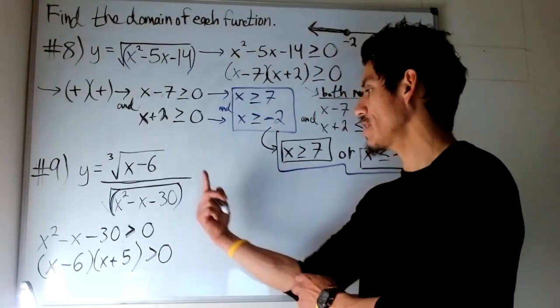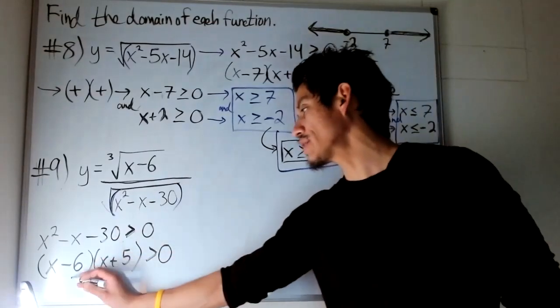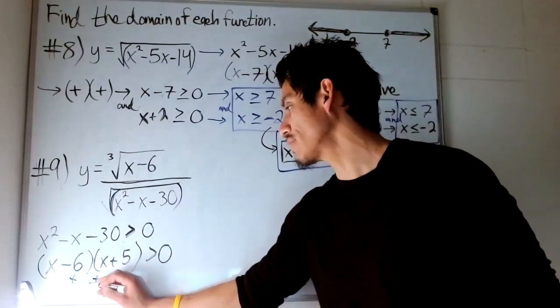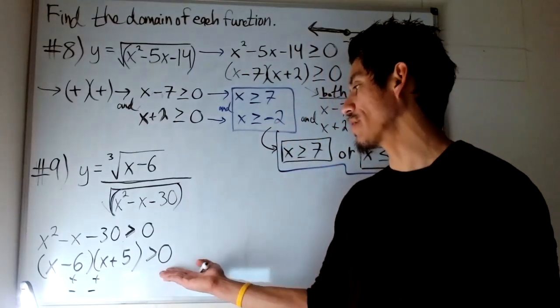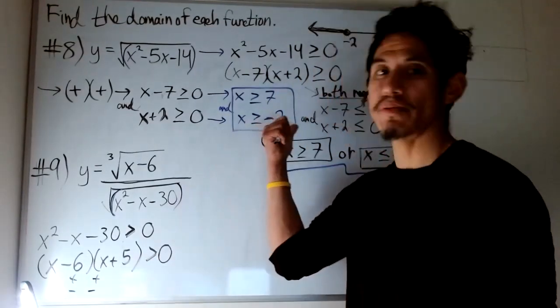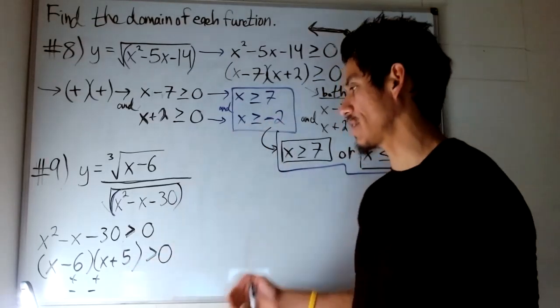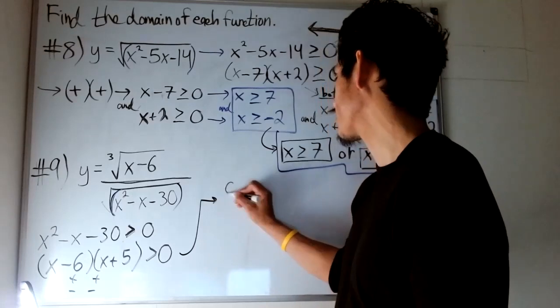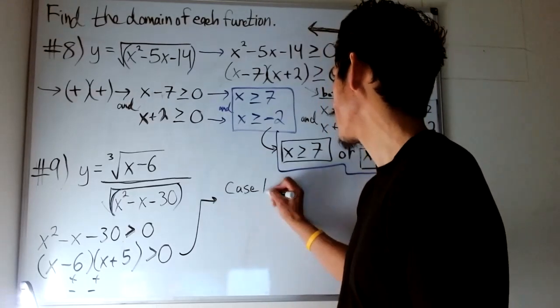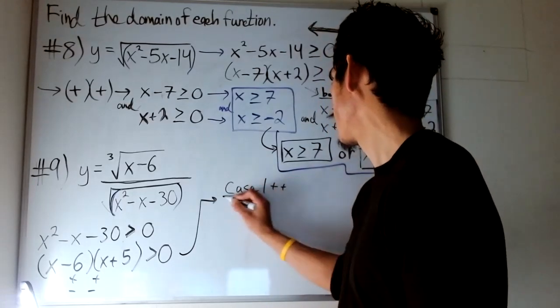So similar again, it would work if they're both positive, positive times a positive, or if they're both negative, then that would make a positive number. Just like what we just did, we're going to look at this case now. Let's call it case 1. Case 1 is that they're both positive.